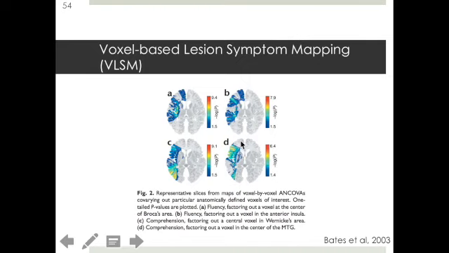So you could say, for instance, with certainty that 100% of your 100 patient sample who have damage in the inferior frontal gyrus also have problems with generating speech, right? If you can make that voxel-based lesion symptom mapping claim, then that gives you more confidence in the belief that a certain area of the brain is related to a certain symptom.